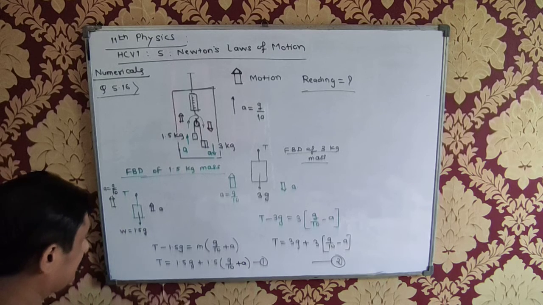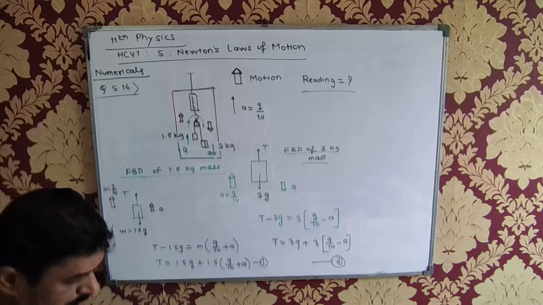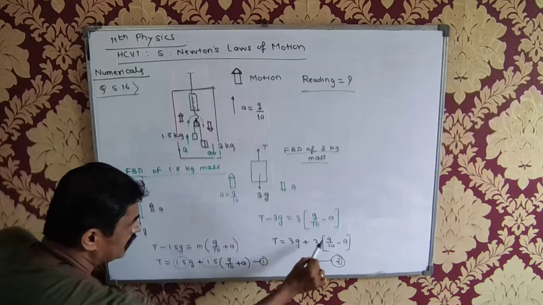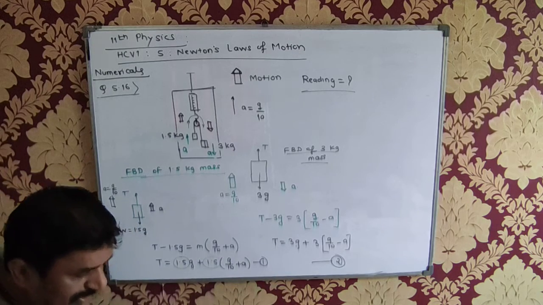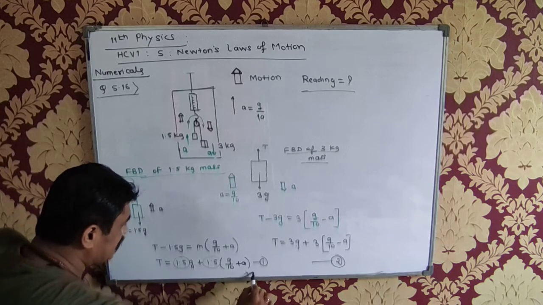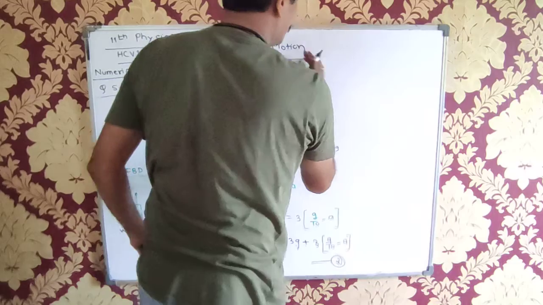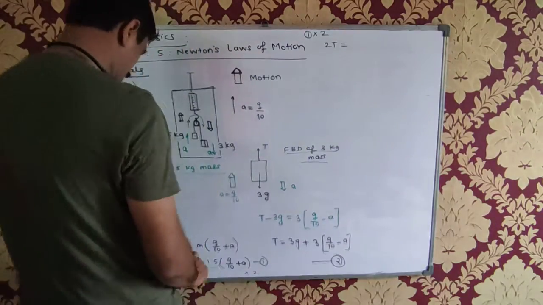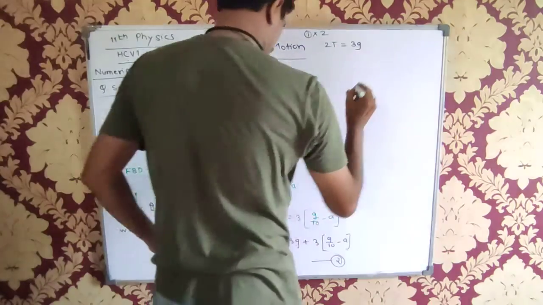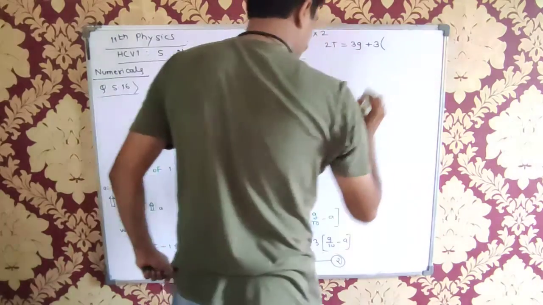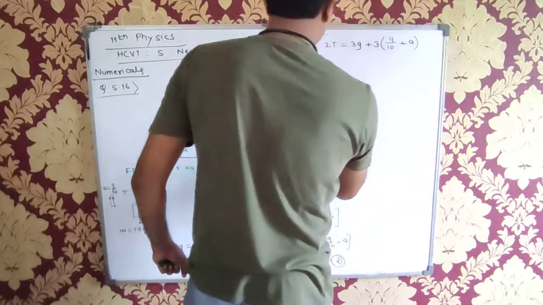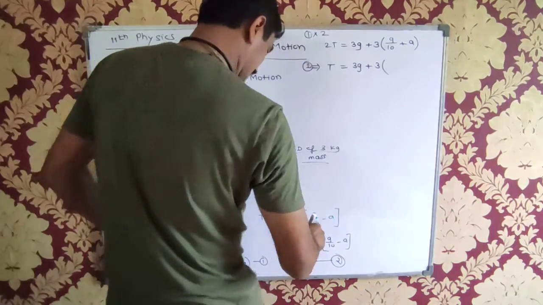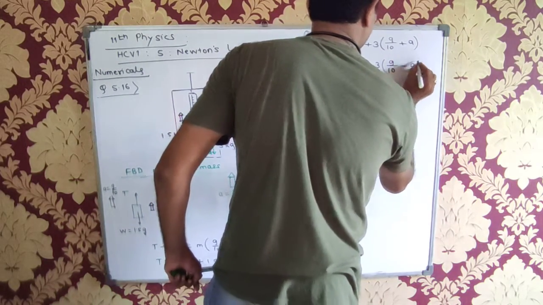T is equal to, I will multiply this equation by 2, because here 1.5 becomes 3, and this is also 3, right? That way I will get the tension, okay. So I multiply this equation by 2. What will we get, tell me. 2T is equal to, equation 1 into 2, 3g plus 3 into g by 10 plus a, and equation 2 will be as it is, T is equal to 3g plus 3 into g by 10 minus a.